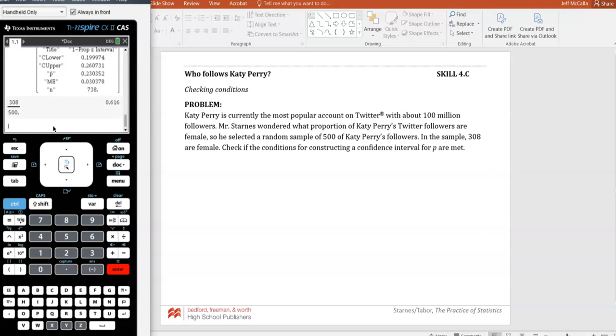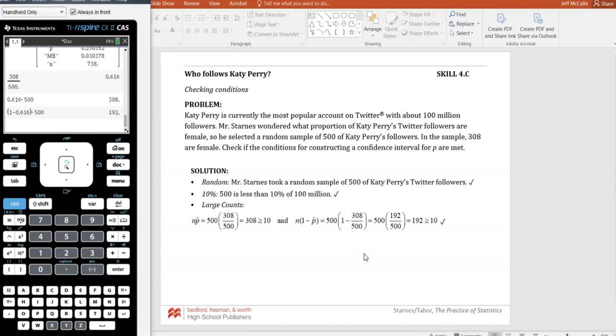Is that your p hat there? So that times n would be times 500. And then 1 minus that p hat times 500. You have at least 10 successes, at least 10 failures, so it passes that condition as well.